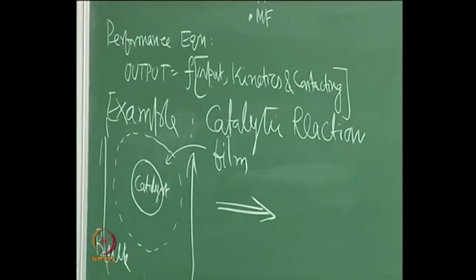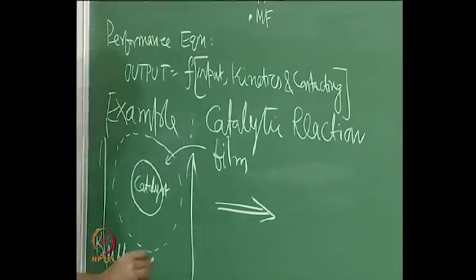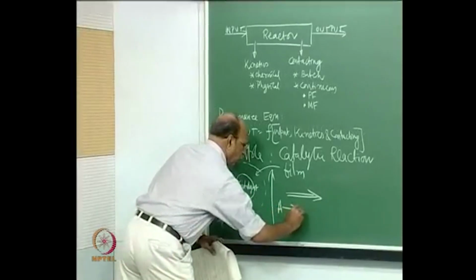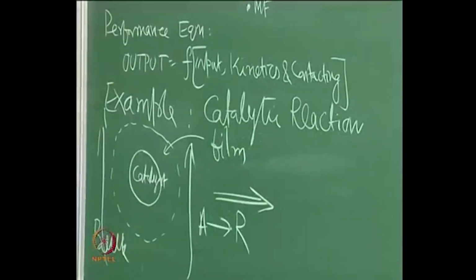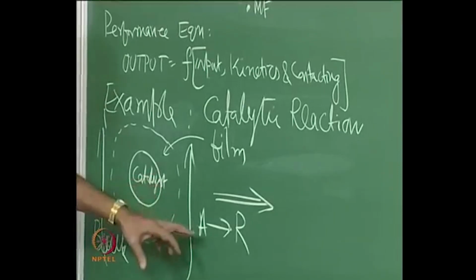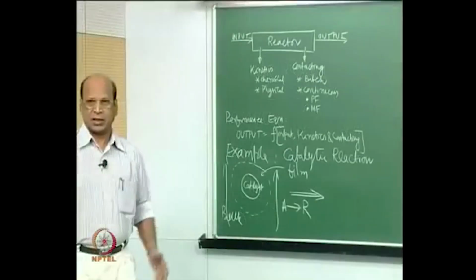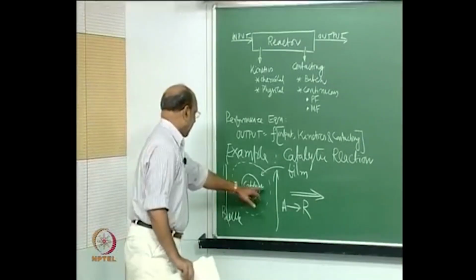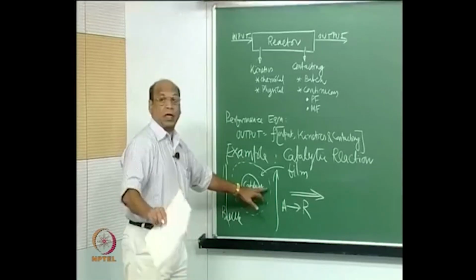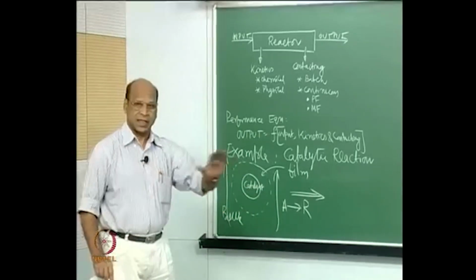I have the catalyst, and surrounding that we have the gas, and we know that again fluid mechanics will tell me that whenever you have this kind of heterogeneous system, at the interface you have the films. If I just say that I have A going to R products, a very simple reaction, then reactant A has to diffuse through the film, and in the bulk of course we do not expect any concentration gradient, because there is a lot of mixing.